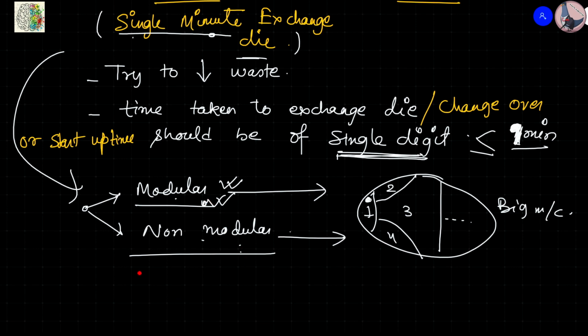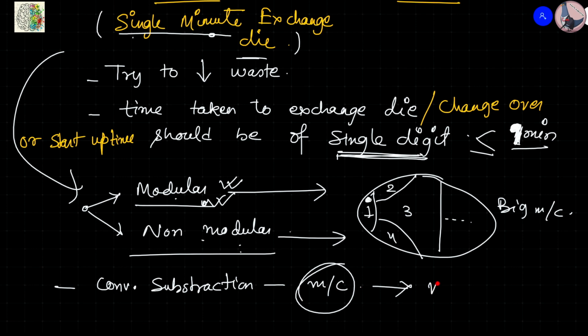So our aim will be to have machines of modular type, so your maintenance becomes very easy. Otherwise it will become very complicated. Okay, so these were the problems which were faced.